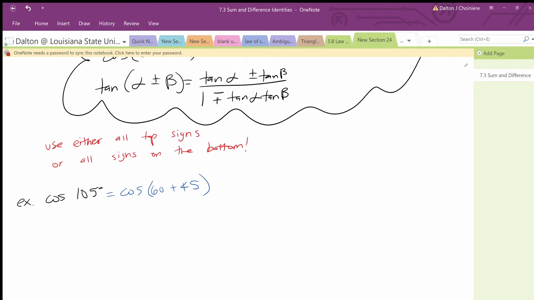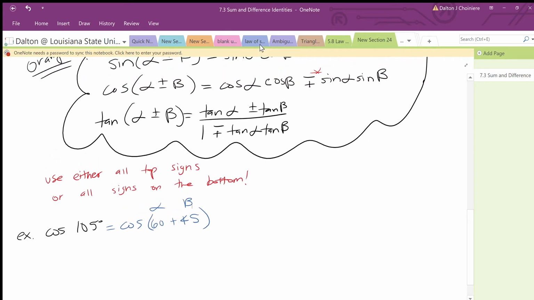So what I've done now is I have the cosine of an angle plus an angle. So what if I call this angle alpha and this angle beta? Then you're going to follow the trig identity to expand it. So if I have cosine of alpha plus beta, plus is on the top, so I'm going to follow the top signs throughout. Alpha will just always be your first number, beta will always be your second number.